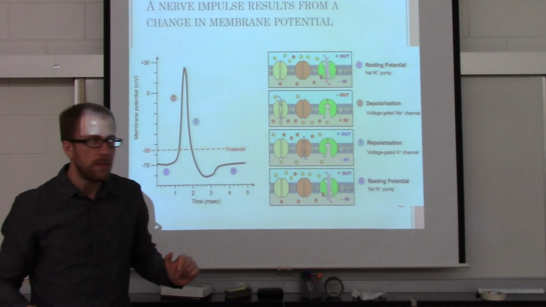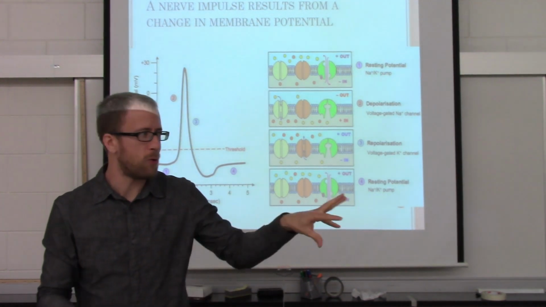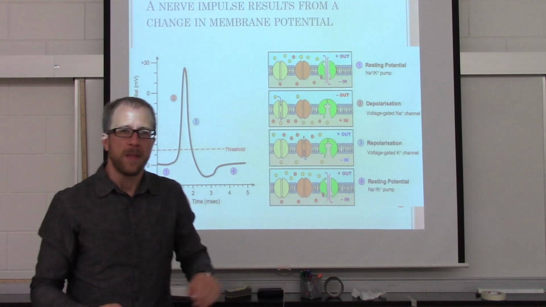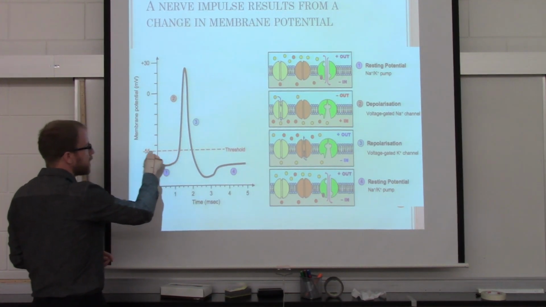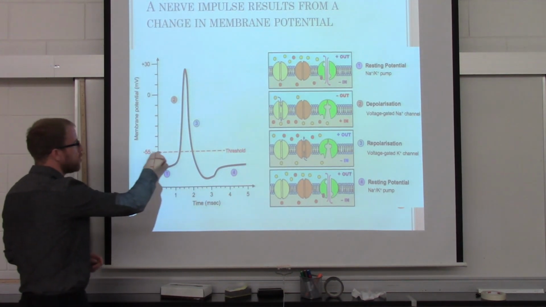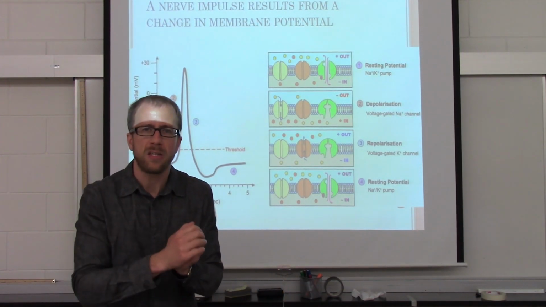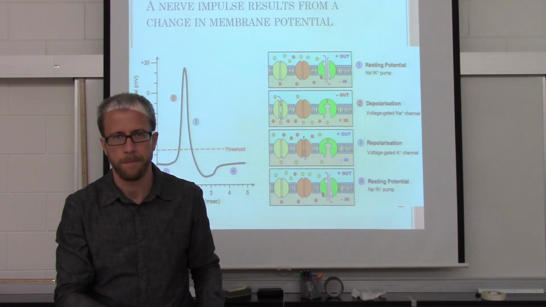Now, this whole curve here is not due to just the sodium ion channels on your dendrites, right? What happens is that sodium that's rushing in, if it can reach this threshold point right here, negative 55 millivolts, this causes a cascade known as your action potential, right?